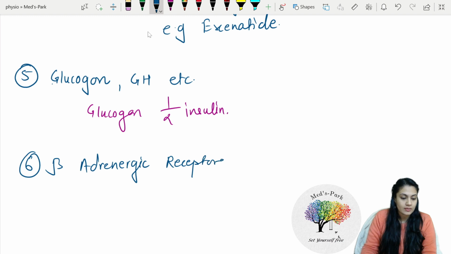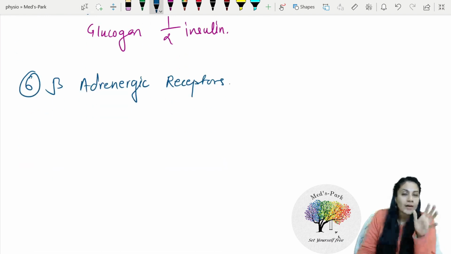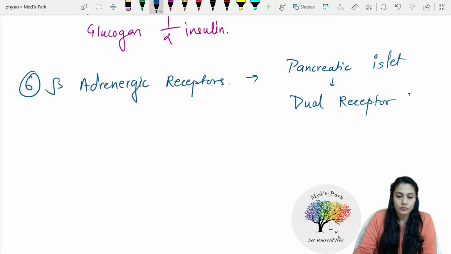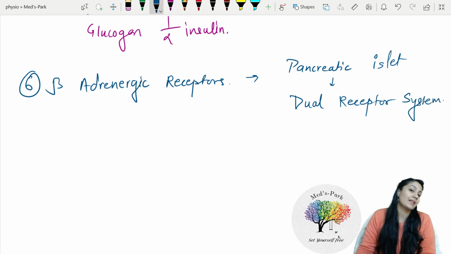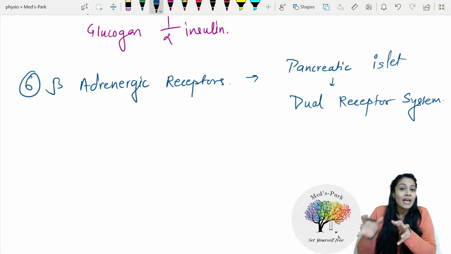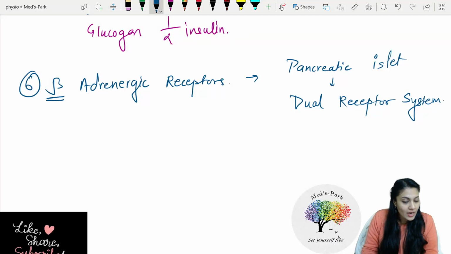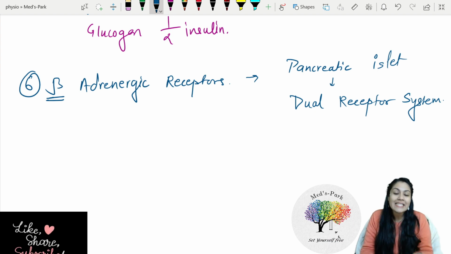Understand that on the pancreatic islet cell, the sympathetic system has a dual receptor system. That means it can increase and decrease glucose depending on which receptor it is stimulating. If it is stimulating the beta adrenergic receptor, it is going to increase insulin release and decrease the glucose level.